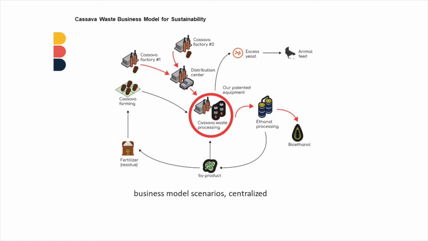We can reuse the biogas in our reactor for cassava processing. Then the leftover we use as fertilizer to go back to cassava farming, to close the loop of the circular economy. We also get waste yeast, so we produce the excess yeast as animal feed.